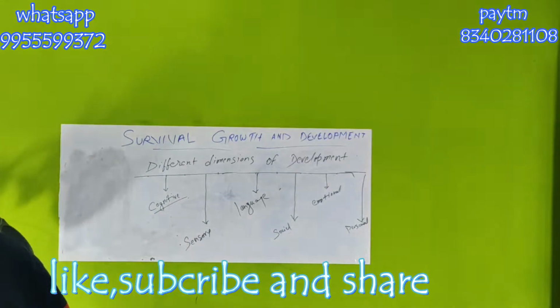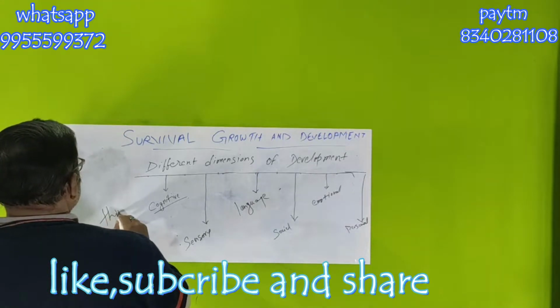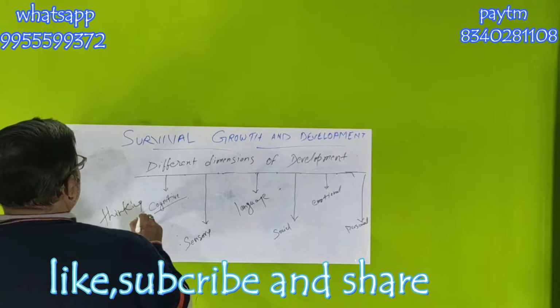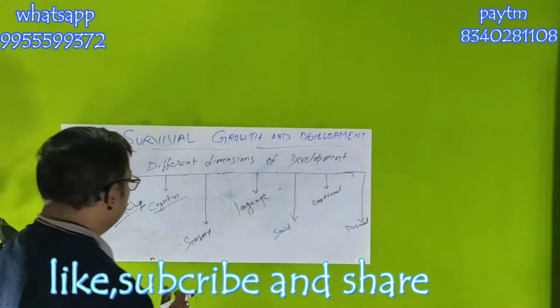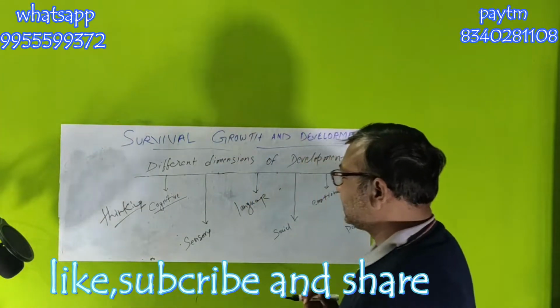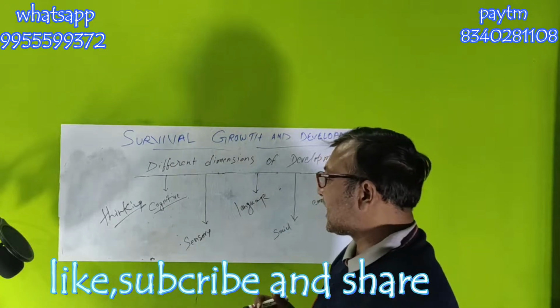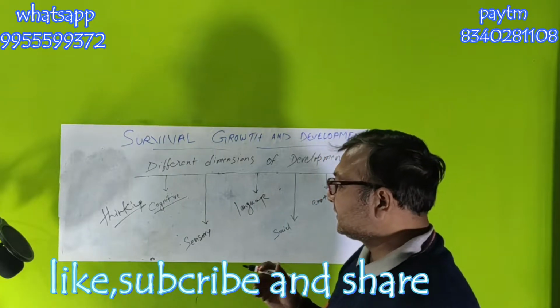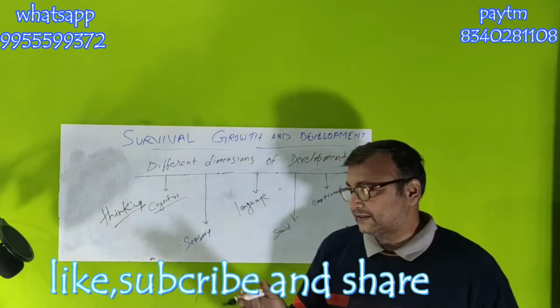The child starts thinking after birth. When it develops, mental growth starts, and the child starts thinking about the items he is seeing.